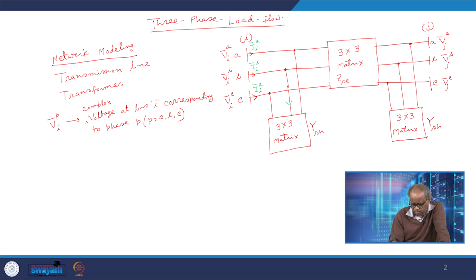So this is another current, this is another current, this is another current, and I have another current here, another current here, another current here.